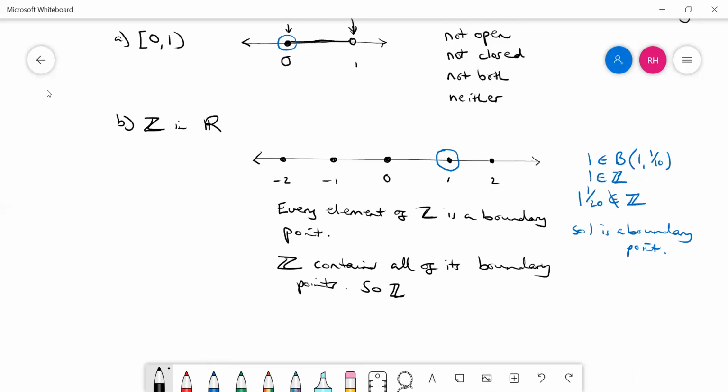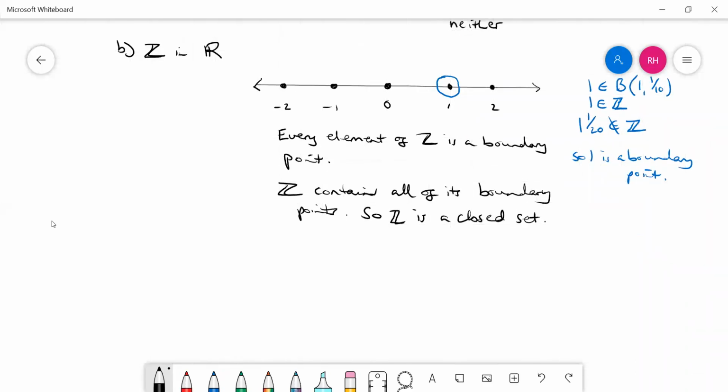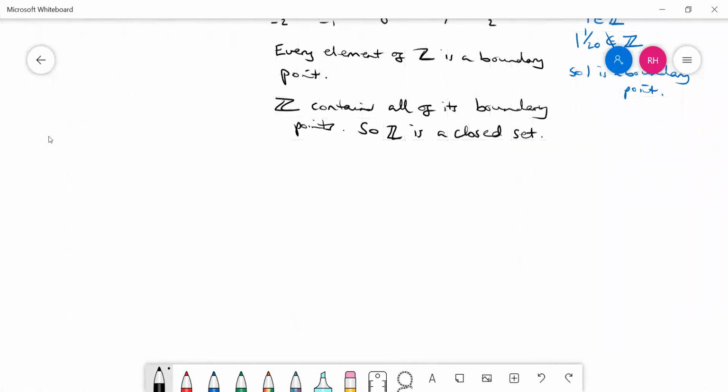So Z is a closed set. So this is now starting to get a little bit, well, not counterintuitive, but a little bit more difficult.